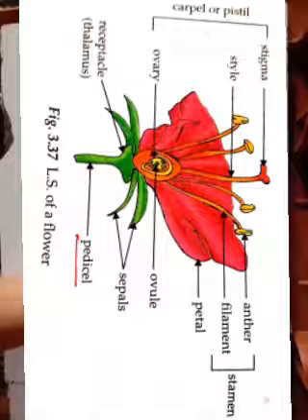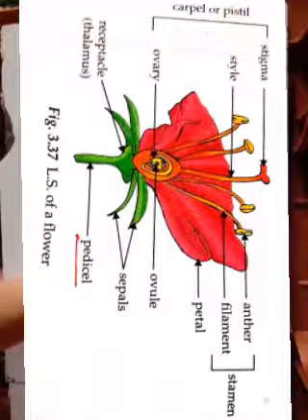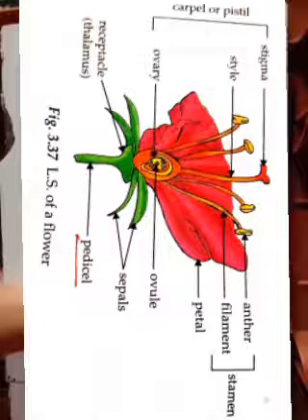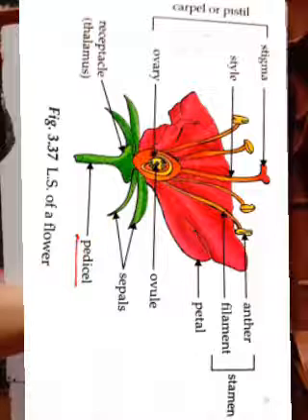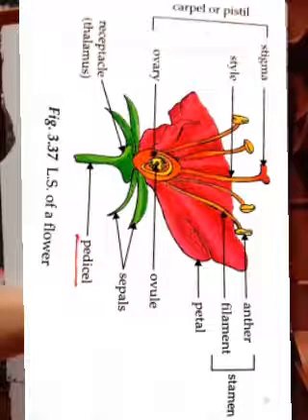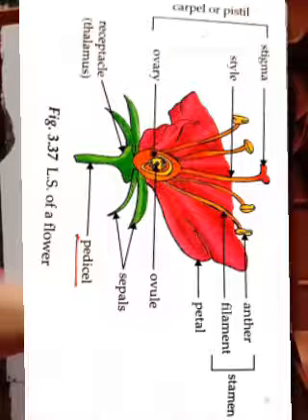After that, you see what you find in the flower. In the flower, these are the petals, and here you will find the stigma, and this is the ovary, and all floral parts and the ovary are sitting on a receptacle or thalamus.